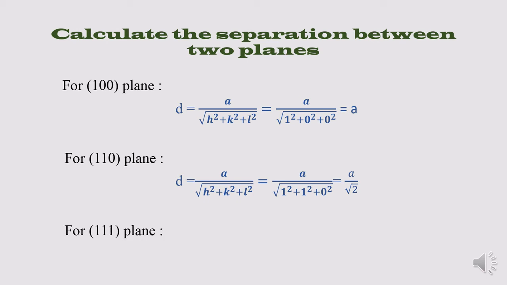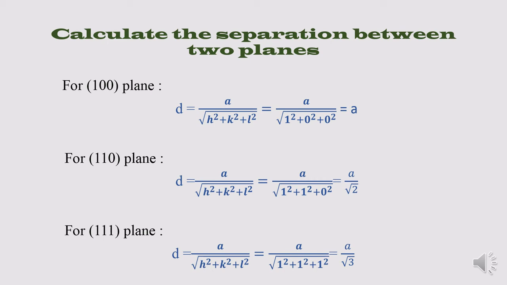Next, for 111 plane, that means when we consider two 111 planes, the separation between these two planes, that is D equal to A divided by root over 1 square plus 1 square plus 1 square, that is equal to A divided by root 3, where h equal to 1, k equal to 1 and l equal to 1.